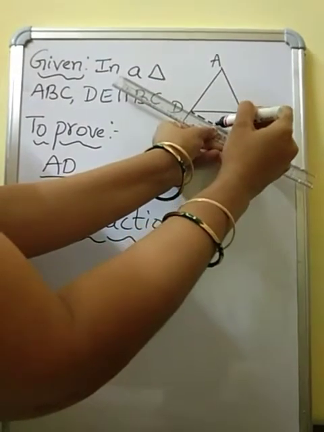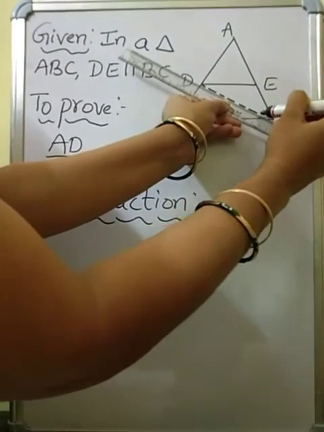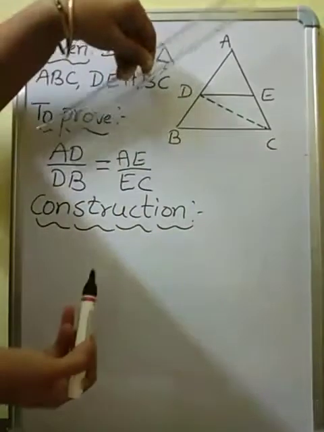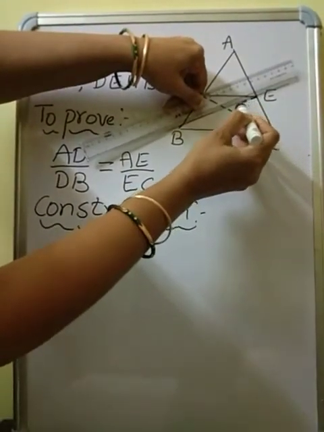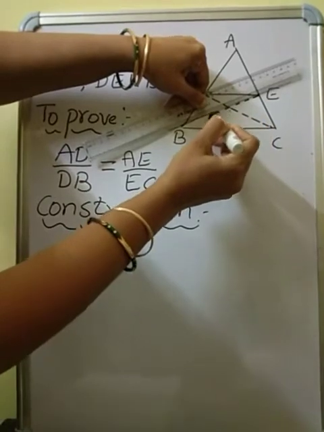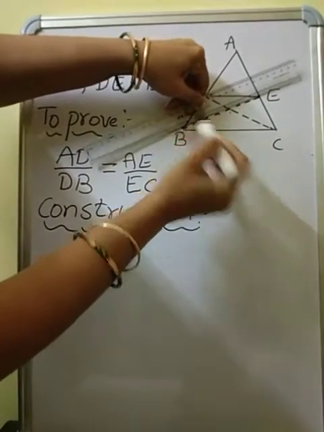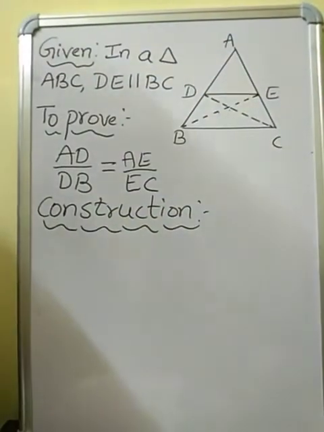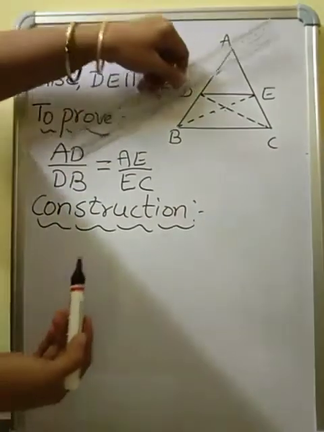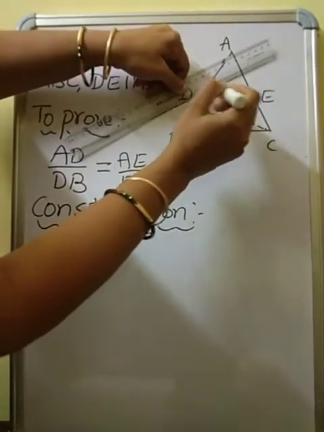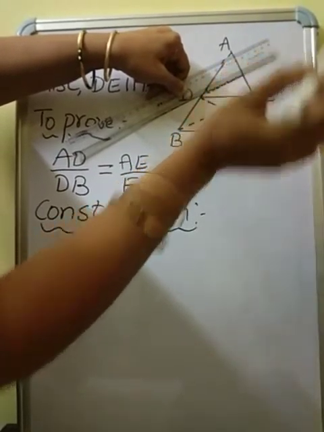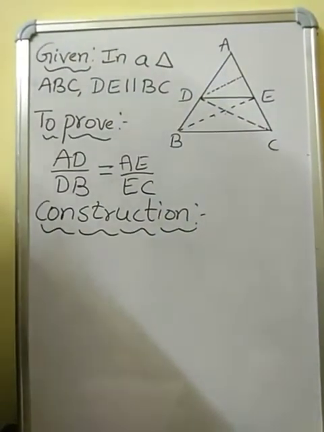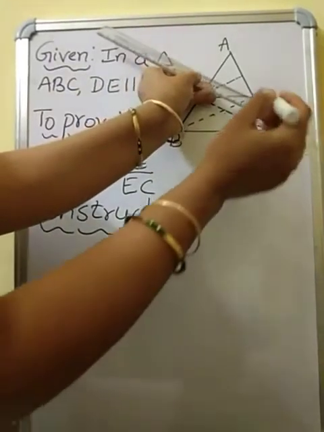Do you remember, last year I told you the construction is always in dotted line. Do you remember this, children? Yes. Okay, now we have joined this. Next I am going to draw a perpendicular from D to AC and from E to AB.